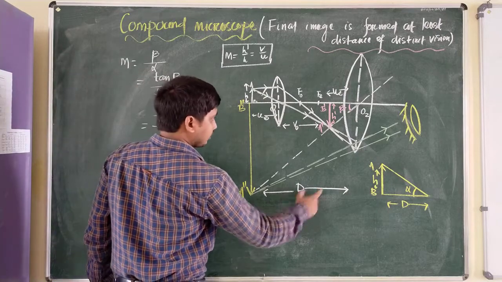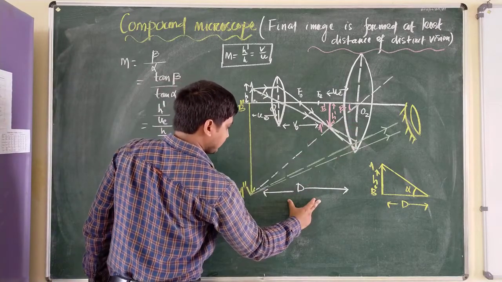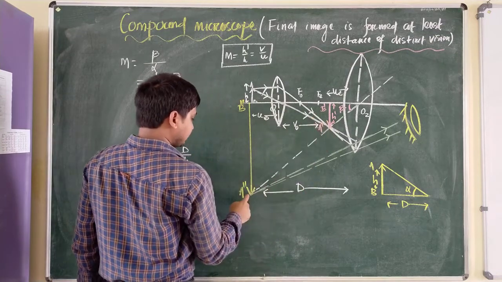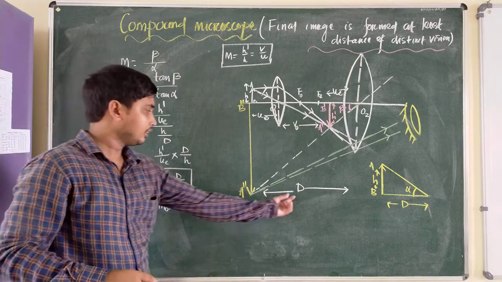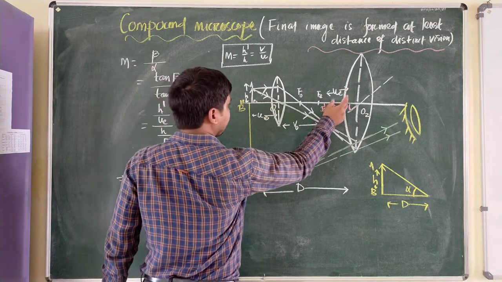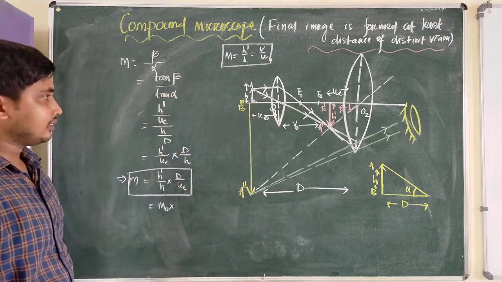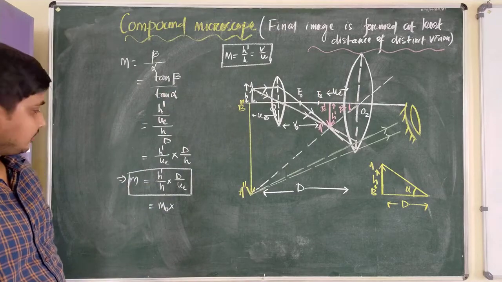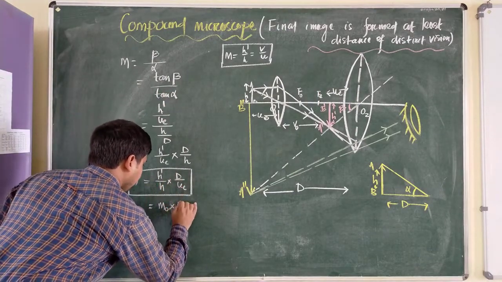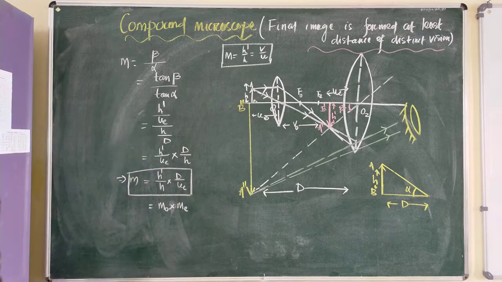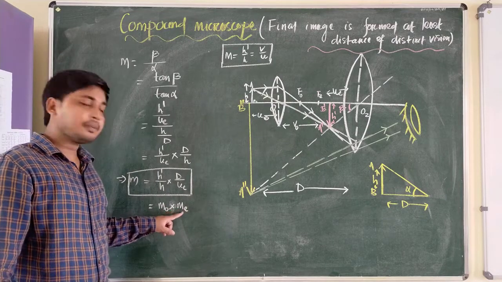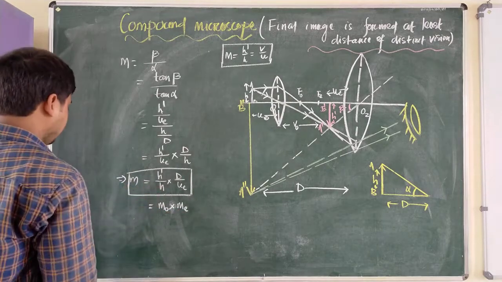For the eyepiece lens, D is the image distance for the object A prime B prime, whose image A double prime B double prime is formed at the least distance of distinct vision, and UE is the object distance for the eyepiece. Hence, this is equal to the magnification of the eyepiece.